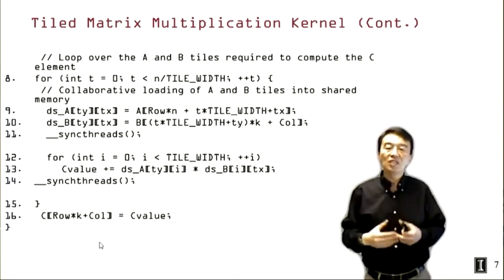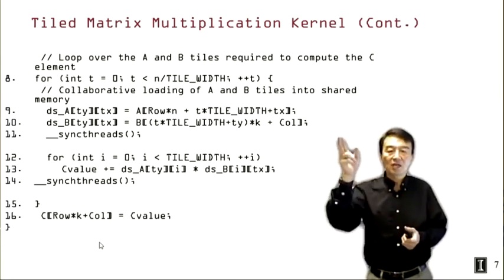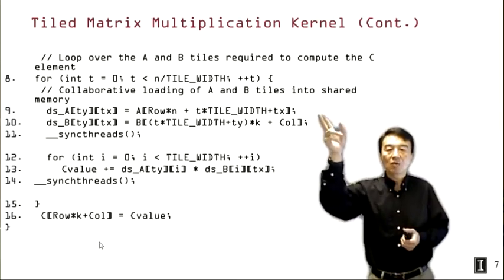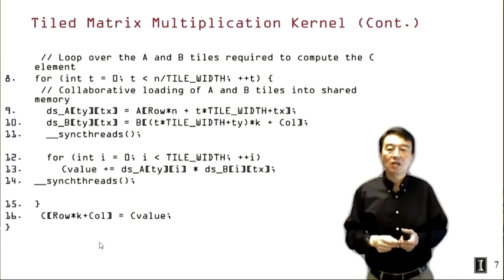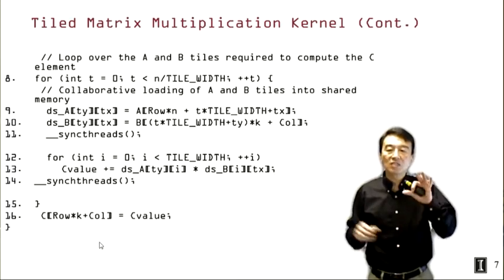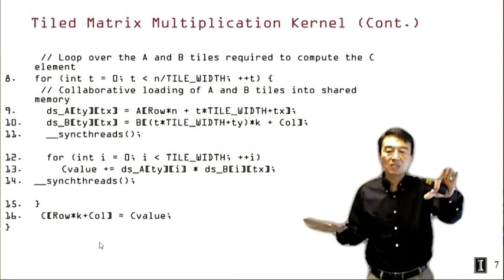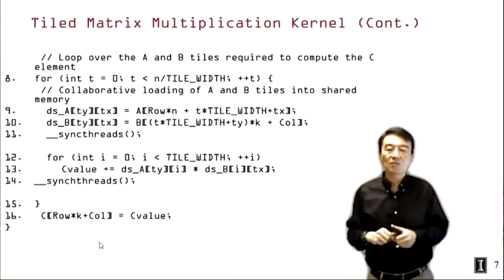So for a 16 by 16 tile size, we're going to have 256 threads. Each thread will be loading two elements. This is how we can load the 256 A elements and 256 B elements both into the shared memory.